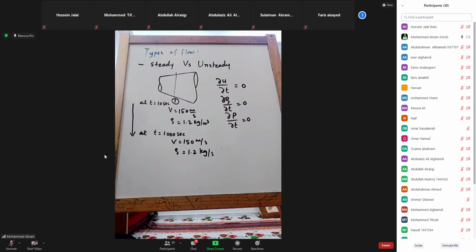Other things are also not changing. But if the speed is changing with time, then it is unsteady flow.